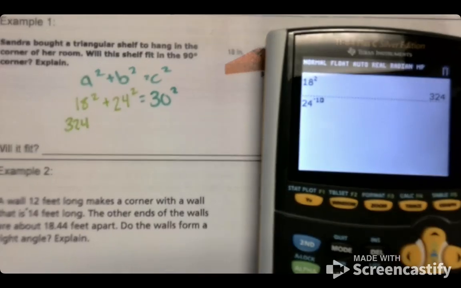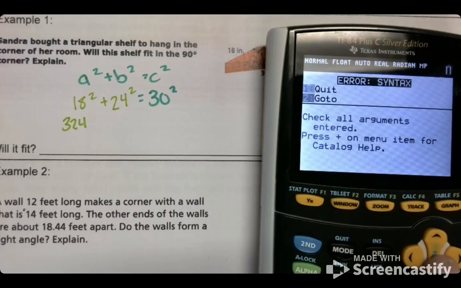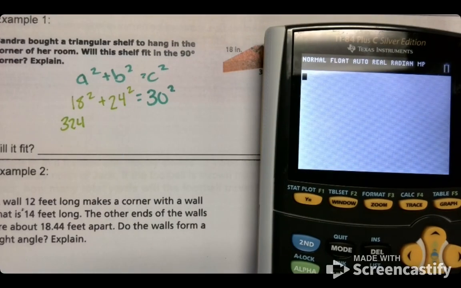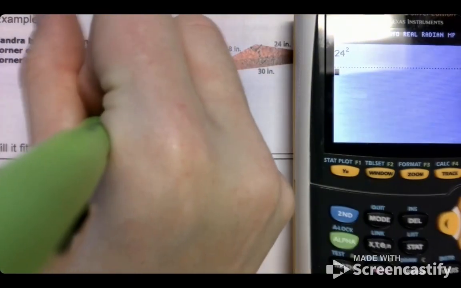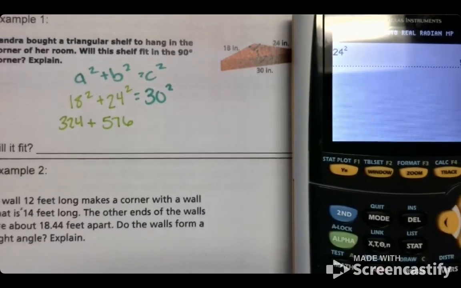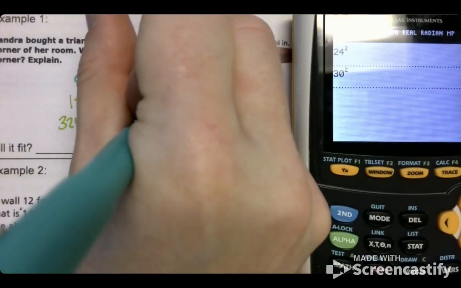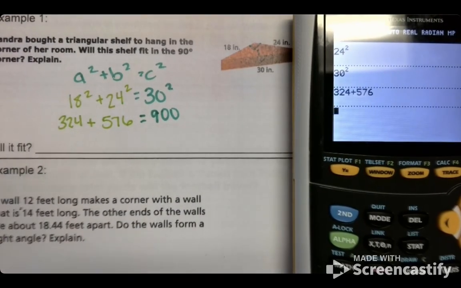24, oopsies, squared and get 576. And actually, I'm going to do 30 squared as well and get 900. If I add 324 and 576, I get 900.